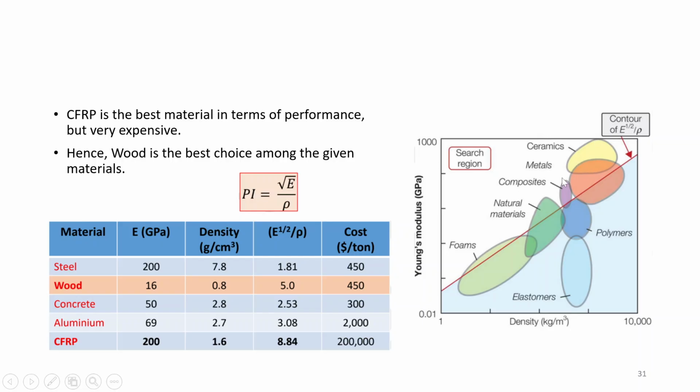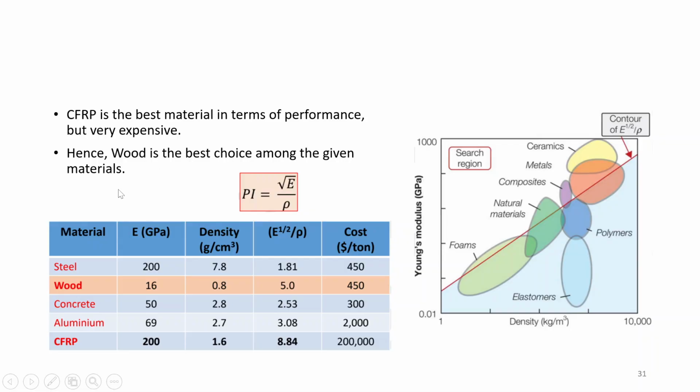So these particular ceramics or metals can be used. This is the contour of E to the power half divided by rho, that is, under root E divided by rho. CFRP is the best material in terms of performance, but very expensive. So among the given materials, wood is the best choice.